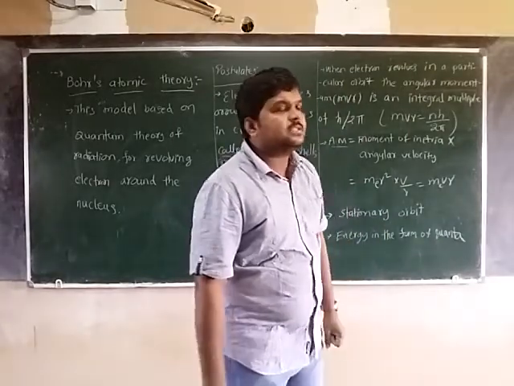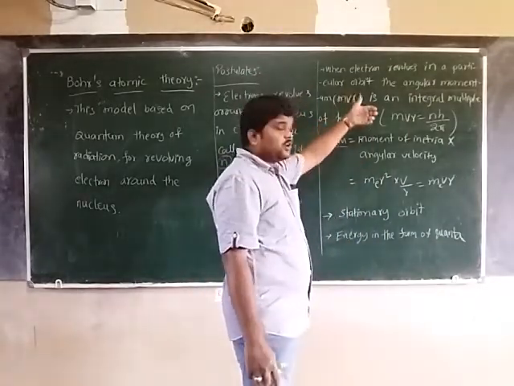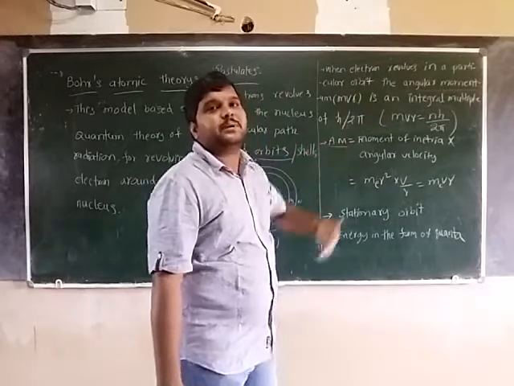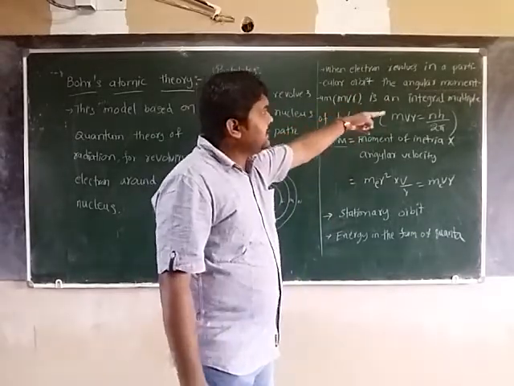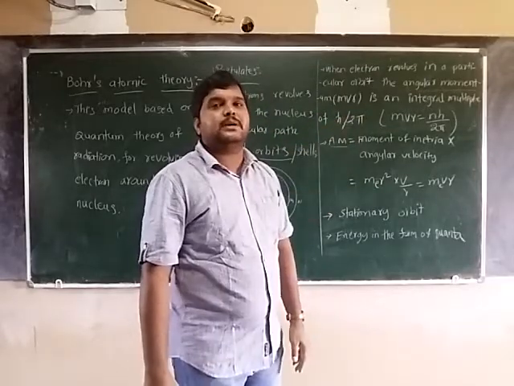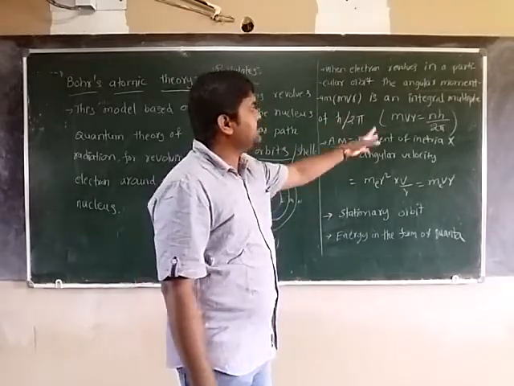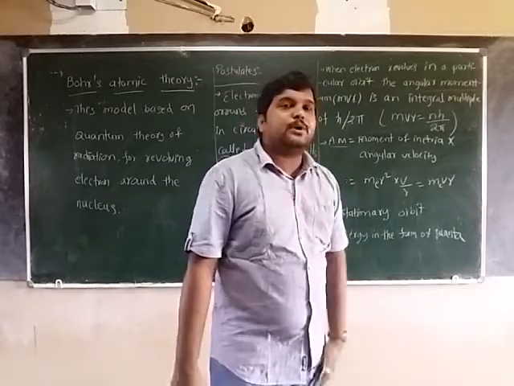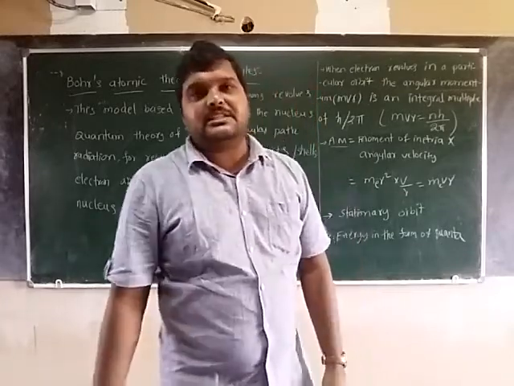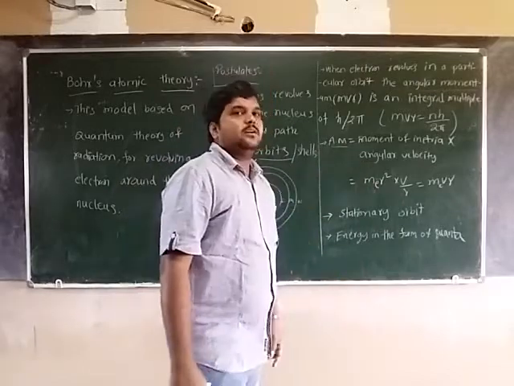Is it clear? So when an electron revolves around the nucleus in a particular orbit, the angular momentum is an integral multiple of h by 2 pi, that is mvr is equal to nh by 2 pi. Angular momentum is the product of moment of inertia and angular velocity.